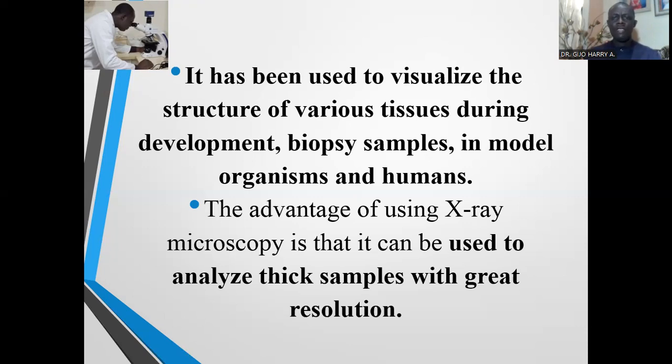The advantage of using X-ray microscopy is that it can be used to analyze thick samples with great resolution. That's one very important advantage of the X-ray microscope. It can be used to analyze samples that are very thick, unlike the light microscope that needs thin samples or microscopic organisms.